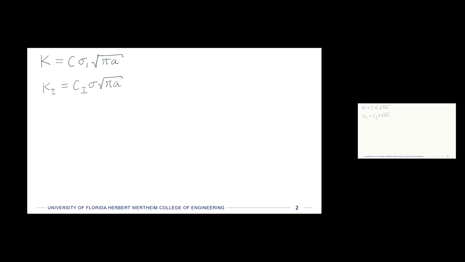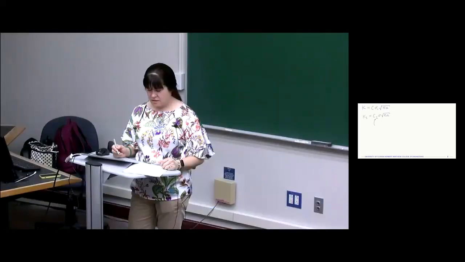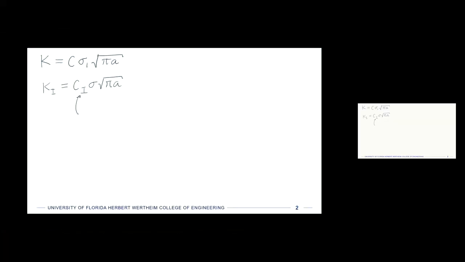So how do we come up with these geometry factors? Well, as I said last time, a definition of fracture toughness is how far field stresses are concentrated at the crack tip. Is there a question? So then, is C the same thing as the square root of pi from the last lecture?